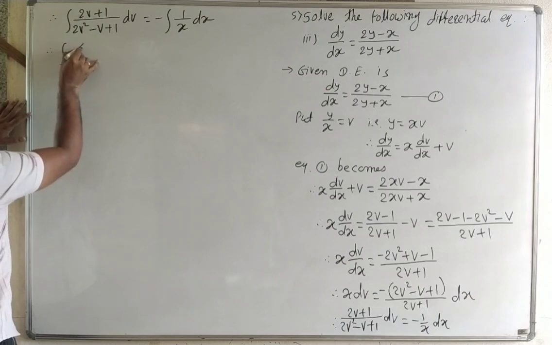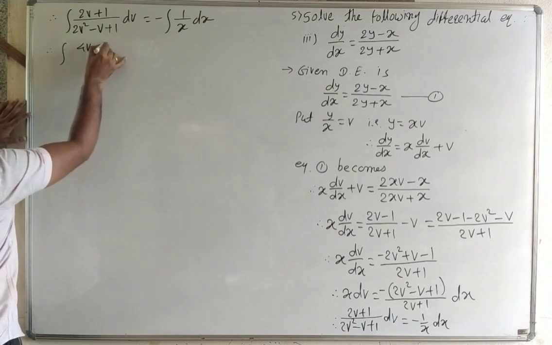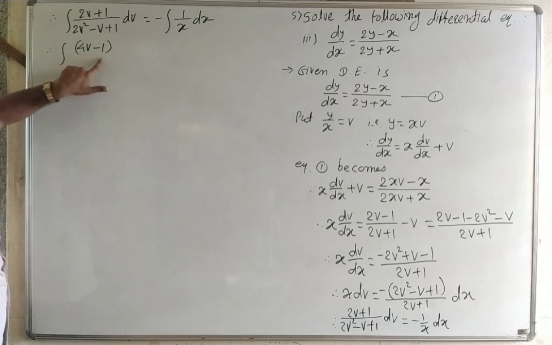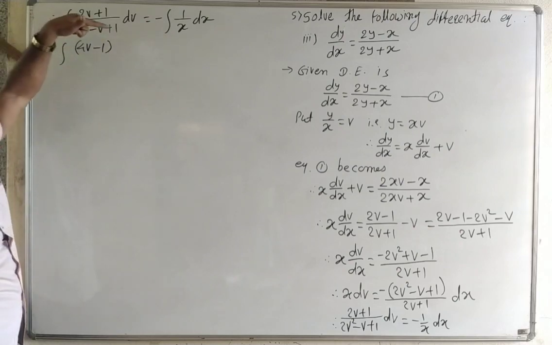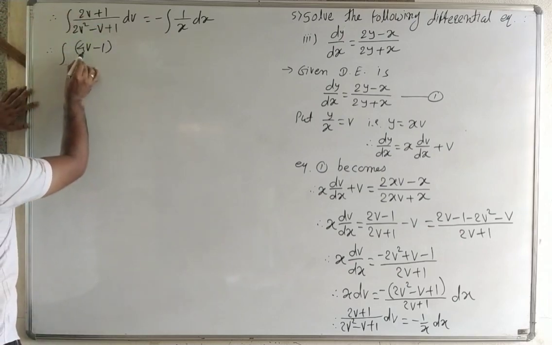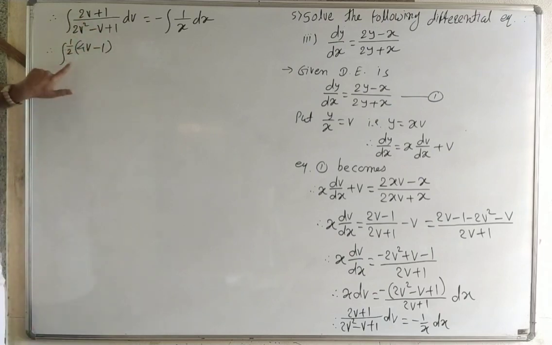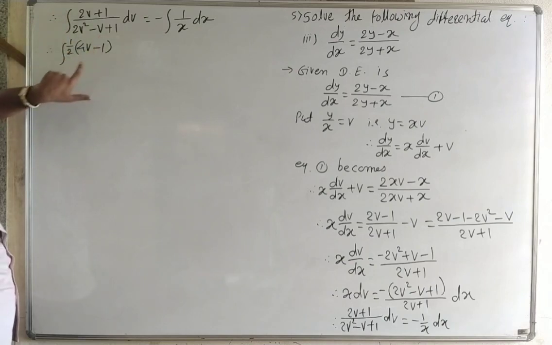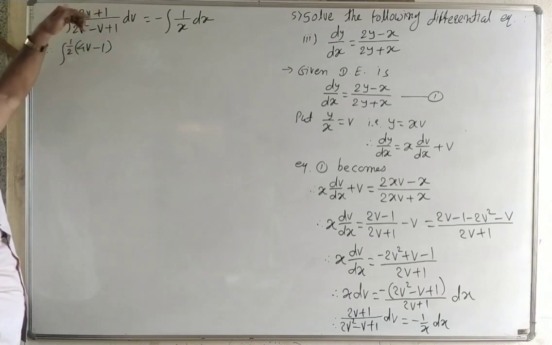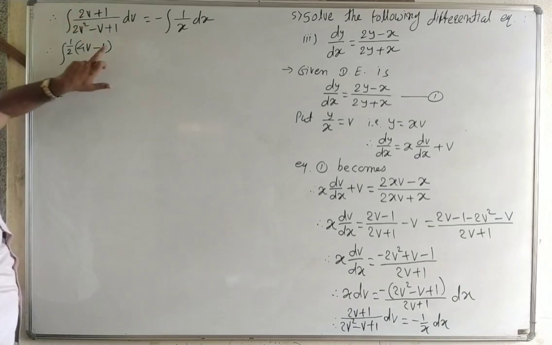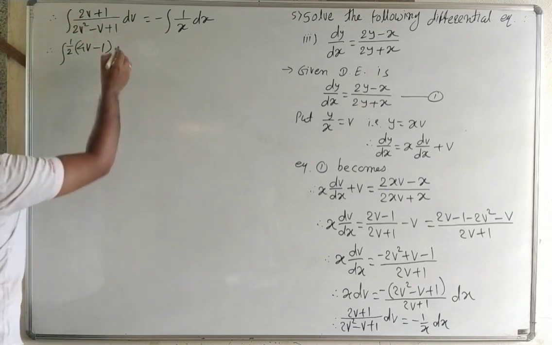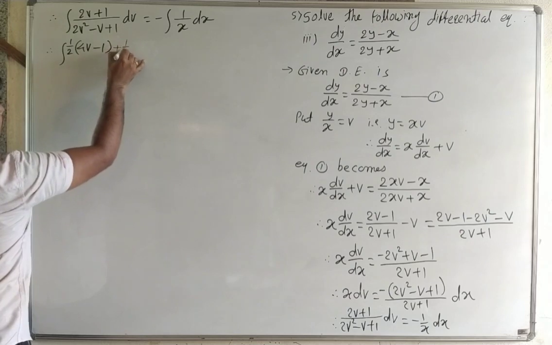Now it is 4v, but here it is 2v, so we multiply by 1/2, and then, when we multiply by 1/2, it is minus 1/2, but we need 1. Minus 1/2 gets cancelled, so we write plus 1/2.